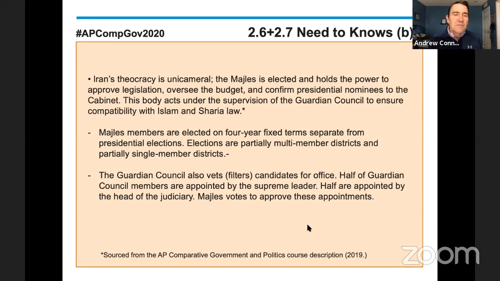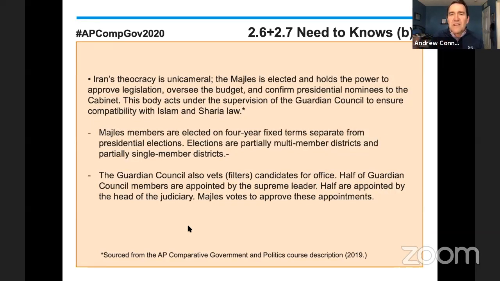And so for essentially the last 15 years, the Majlis really doesn't pass any policies that are controversial, that would go against the supreme leader, that would be a policy that the Guardian Council doesn't approve of. We'll make a note here down below that the Guardian Council essentially is the supreme leader's organization.